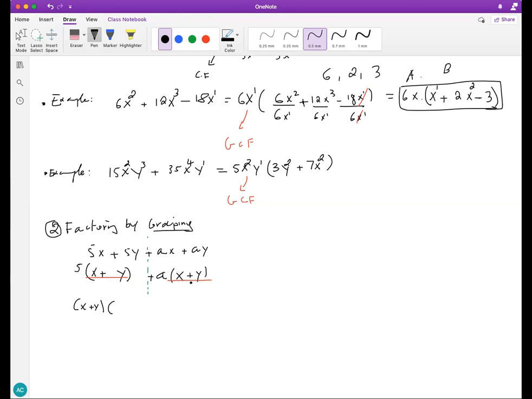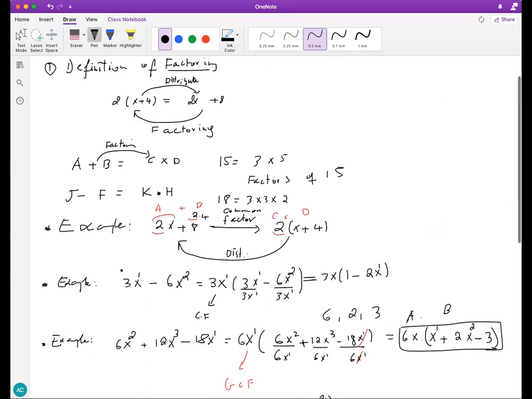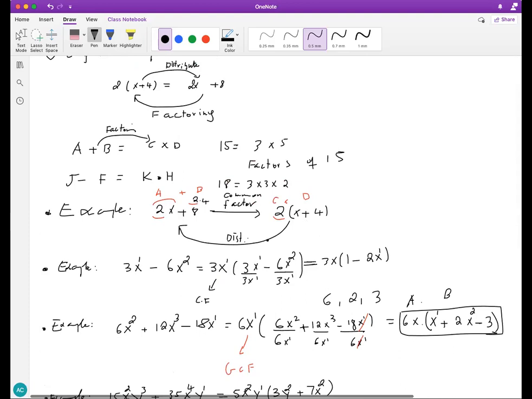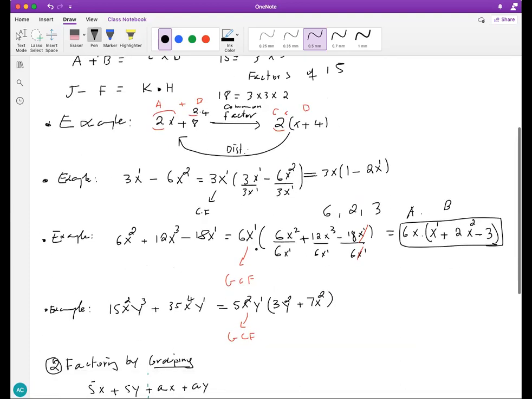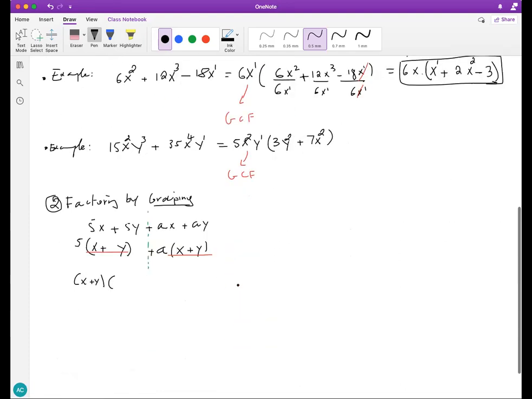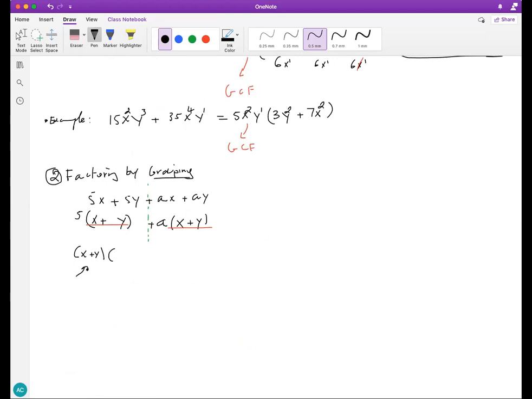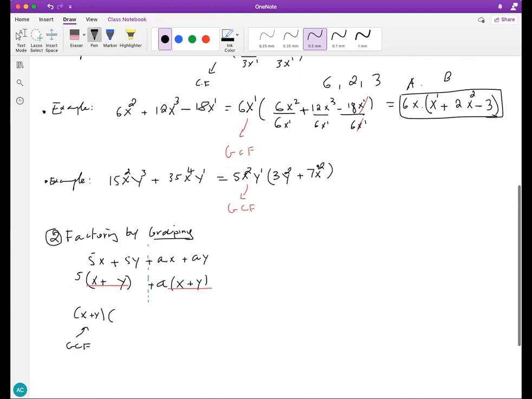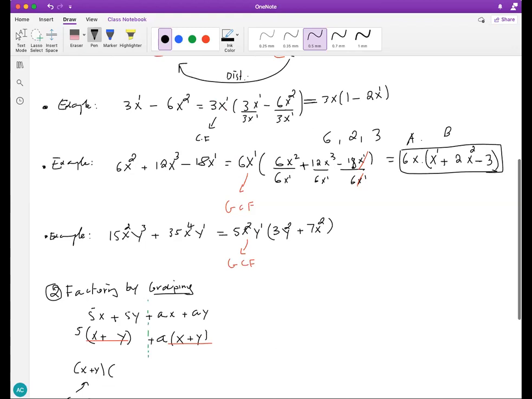So find the common factor, you move it to the front, just like we did in the previous examples. Every time you move the GCF, you immediately open the parentheses, and then what is the operation now? What do we do with these two terms and the GCF? We divide, like we did here, we're going to divide all of them by the GCF.